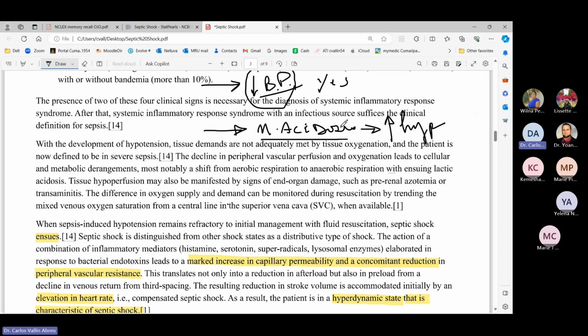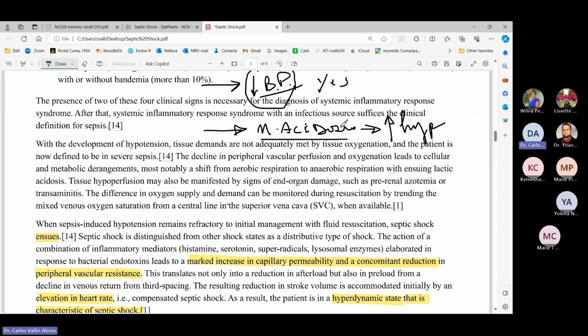So what occurs in shock is tissue hypoxia, and the hypoxia shifts the metabolism to anaerobic, which brings a lousy production of energy, which deteriorates the cells, the tissues, and the organs, and produces lactic acid and lactic acidosis.